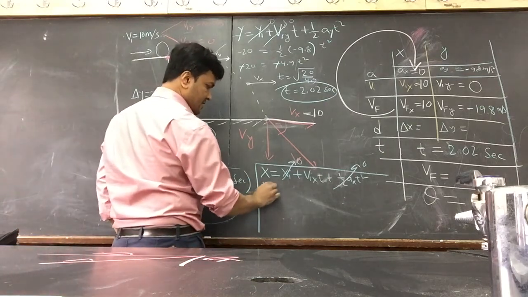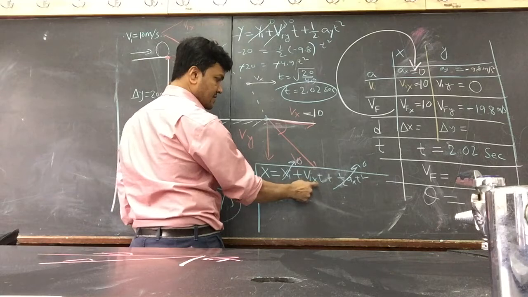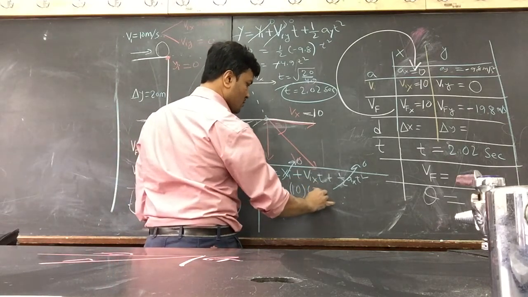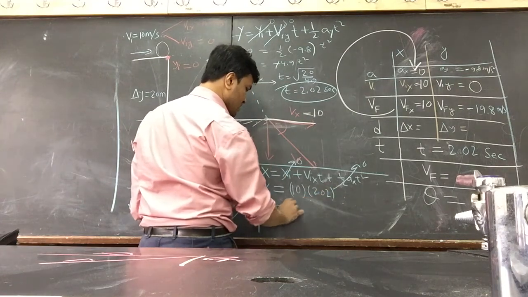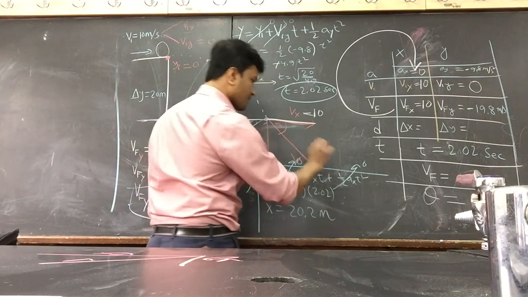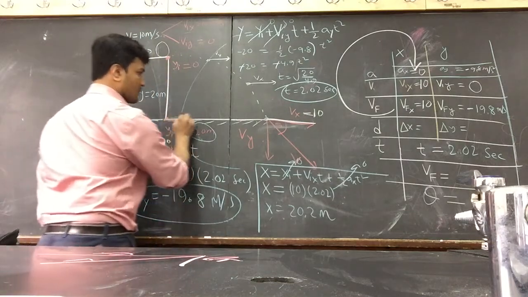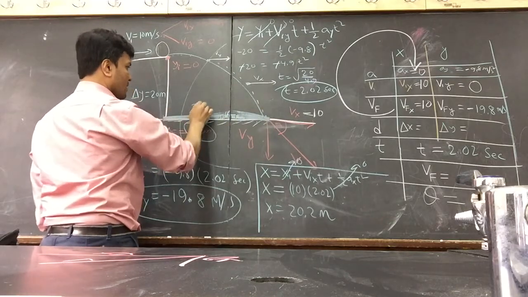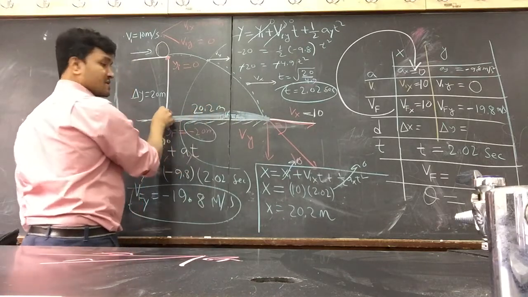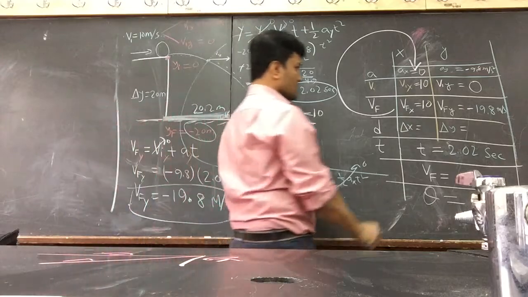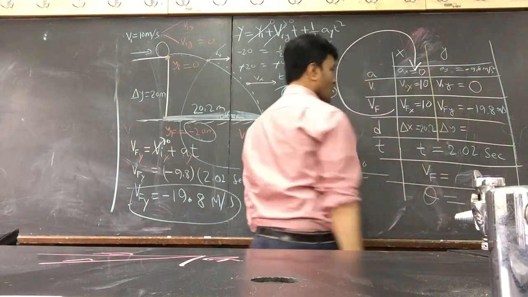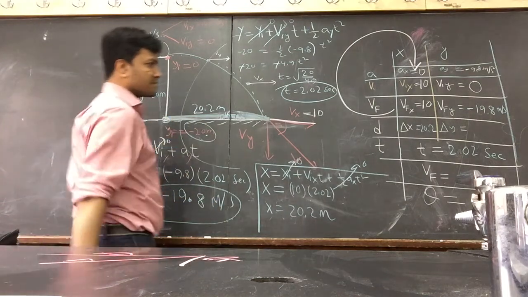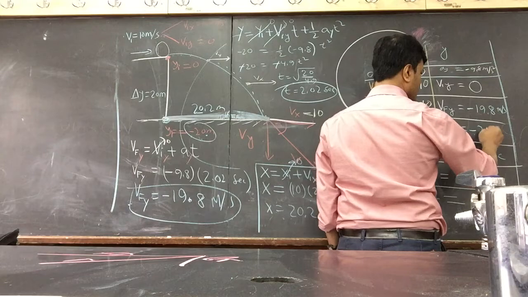So x is v initial x, which is 10, times t, which is 2.02. So x is 20.2 meters. So the range, the ball landed 20.2 meters away from the original place. What is the delta y? Delta y is negative 20 meters.